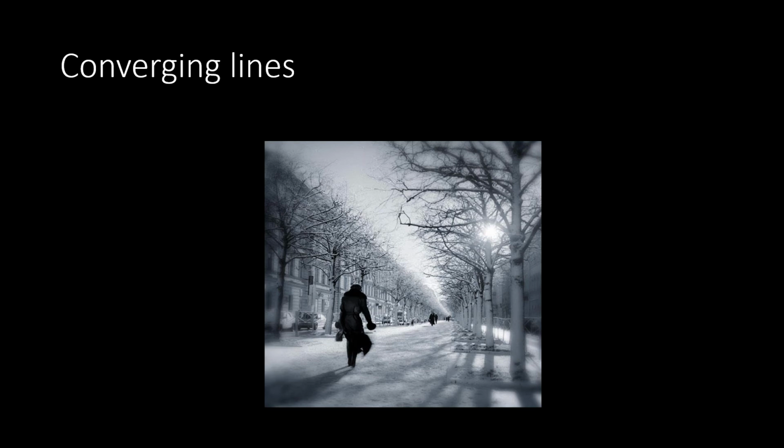Converging lines has to do with how the human eye processes the information that it sees. If we got into a hot air balloon and went 50 feet or 75 feet or 100 feet up in the air, and we looked down at this street, we would think to ourselves that the edges of the street are parallel.